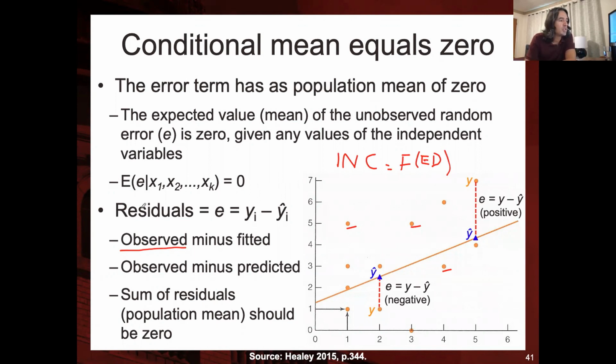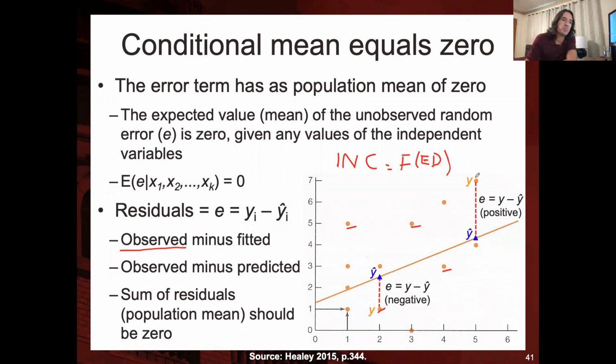So if I calculate the residual, which is the observed value minus the predicted value, for this specific person here the residual will be negative. That person is actually making less than what is predicted. For this person here, the person is making more than was predicted, so the observed minus the predicted is positive, right?